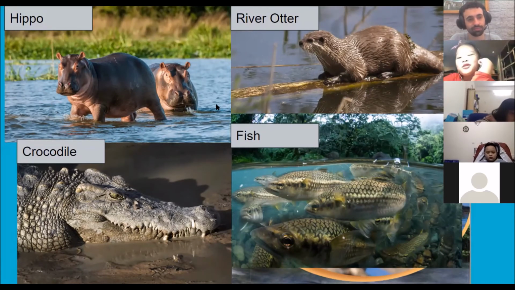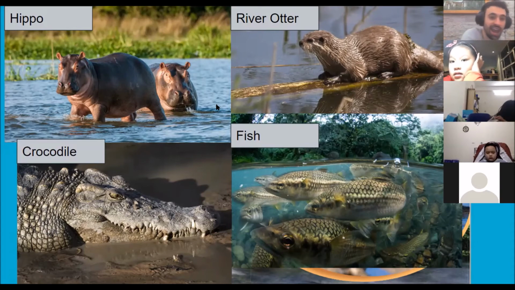Why is the hippo more dangerous than the crocodile? Well, hippos are really, really big. So you know when you see motorbikes on the road, you know how when a bus or a car comes, everyone has to kind of go around that car? That's like a hippo. A hippo is huge. It will run anyone over, and it has really big teeth that can really hurt.